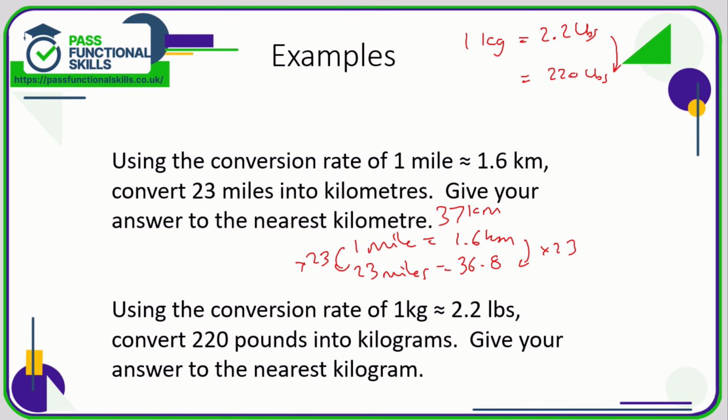So therefore, if I divide 220 by 2.2, we get the answer 100. So 2.2 multiplied by 100 gives us 220. So therefore, we need to multiply the 1 kilo by 100 as well. And that's quite easy. 100 multiplied by 1 is 100. So to the nearest kilo, well, we don't even need to worry about that because it's exactly 100 kilos anyway.